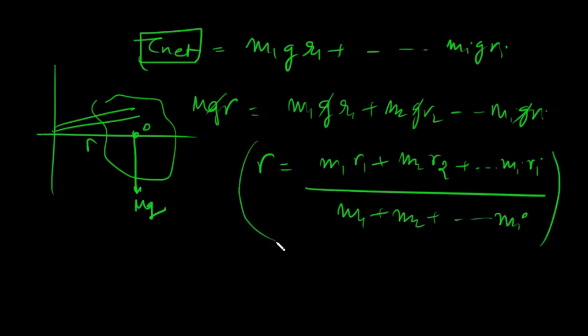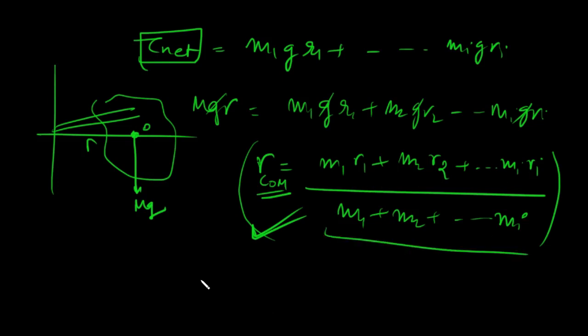Alright, this is the center of mass. This r is the center of mass. We call it RCOM. This is the definition of center of mass, where all the torques balance out each other, and where the torque due to the whole mass is balanced by the torque due to individual masses.